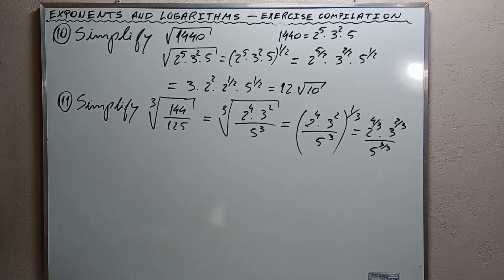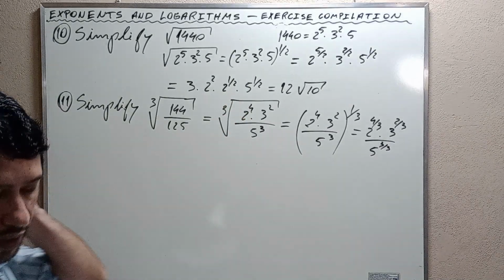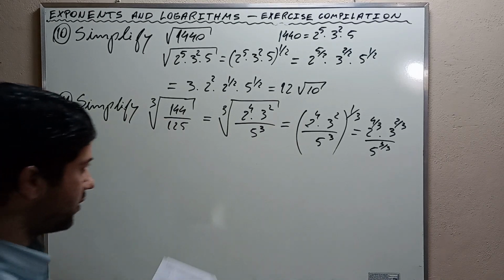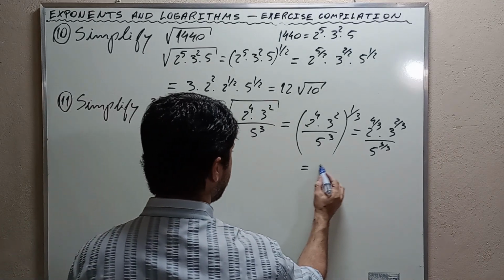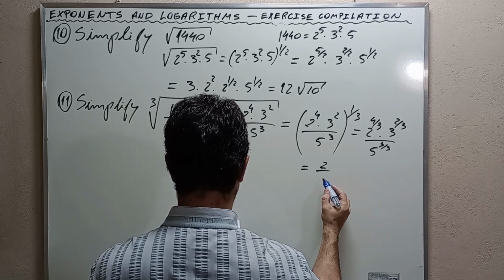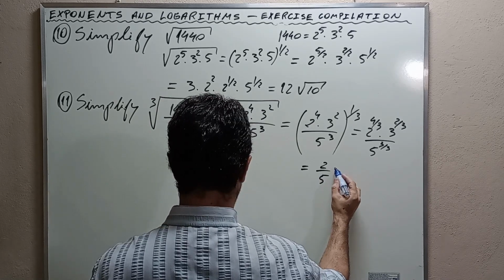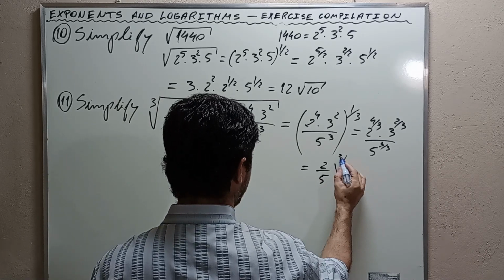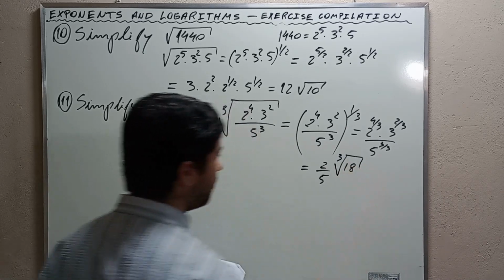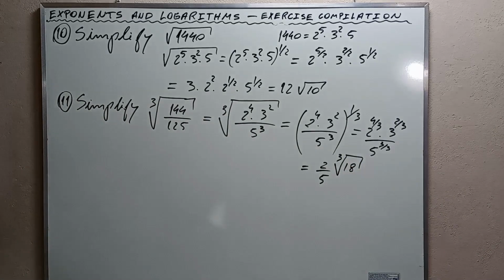And ultimately, if we follow the same procedure as we did here, we're going to find that it is 2/5 times the cube root of 18. Okay, this is the solution of this exercise.